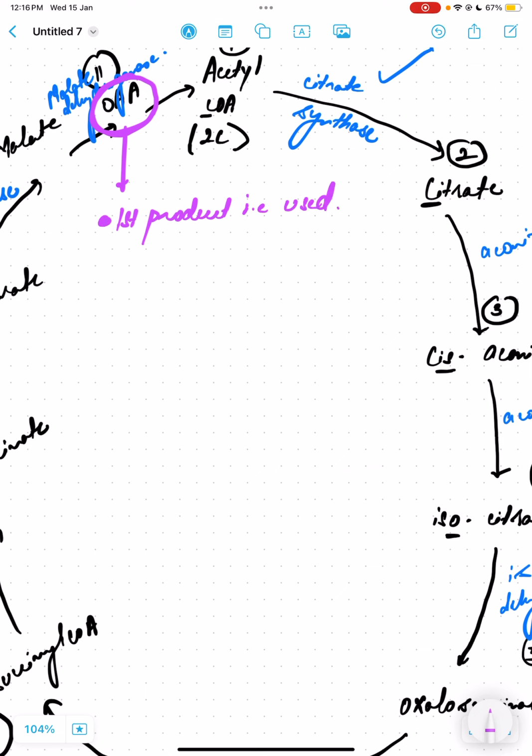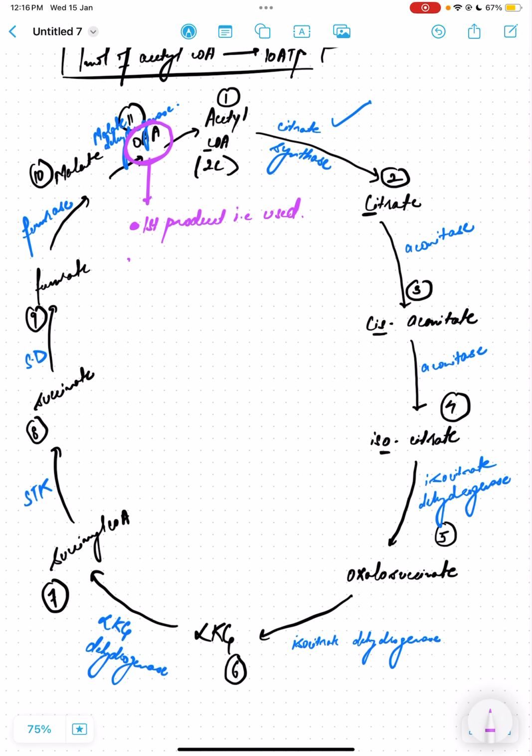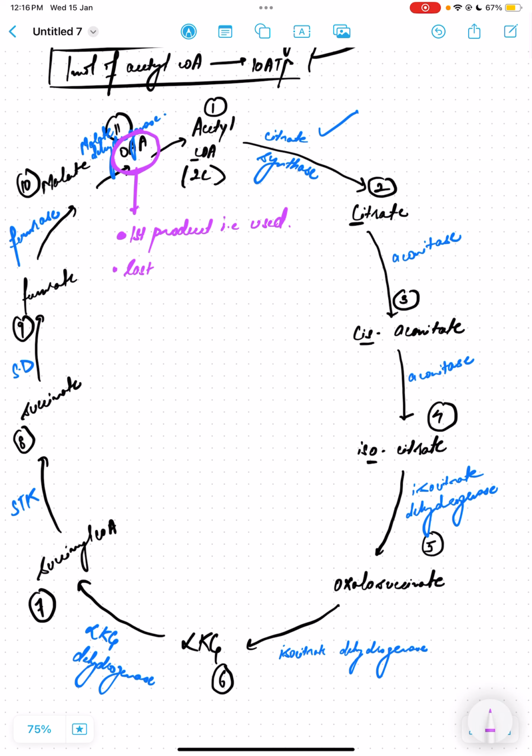It is the first product to be used and the last to be consumed, last to be ended. So basically this was about oxaloacetic acid.